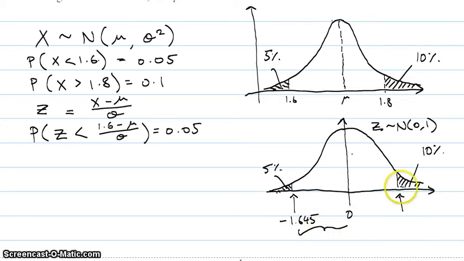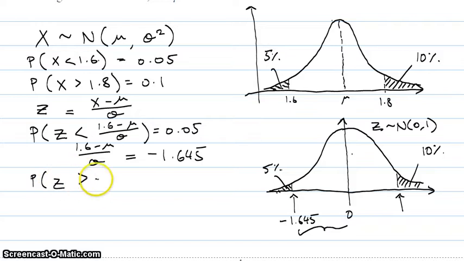Similarly, if we want to find this one, we find that (1.6 minus mu) over sigma equals negative 1.645. And we also get the probability z bigger than, again substituting 1.8 into this expression, (1.8 minus mu) over sigma is equal to 0.1.